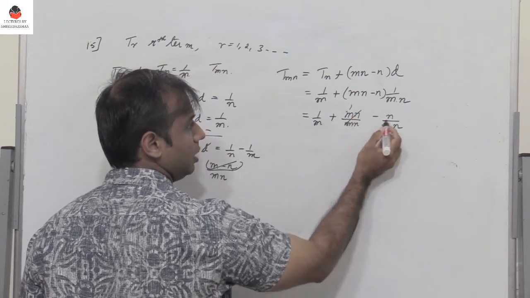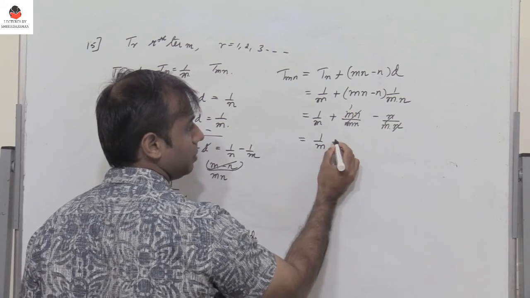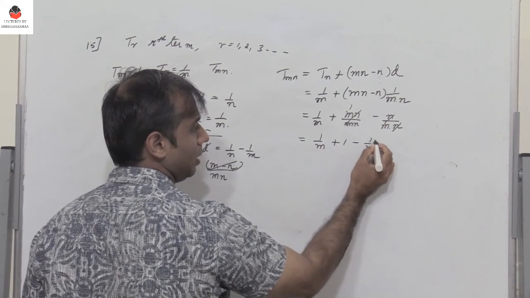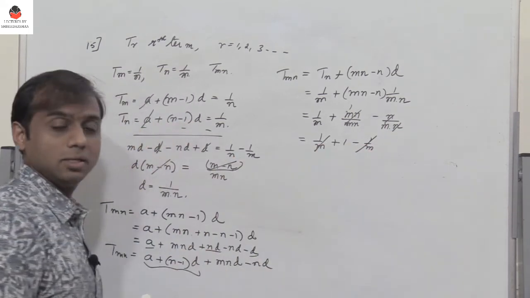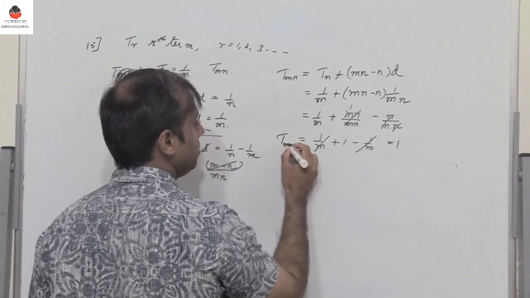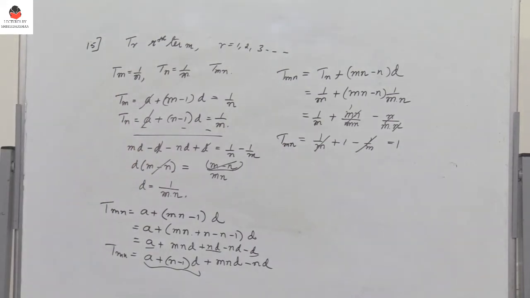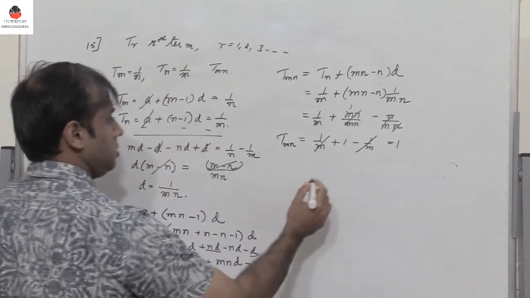So this becomes 1, n gets cancelled. So I get 1 by m plus 1 minus 1 by m. Plus 1 by m minus 1 by m gets cancelled. So this is equal to 1. So Tmn is nothing but equal to 1. A very tricky problem. The answer is C.